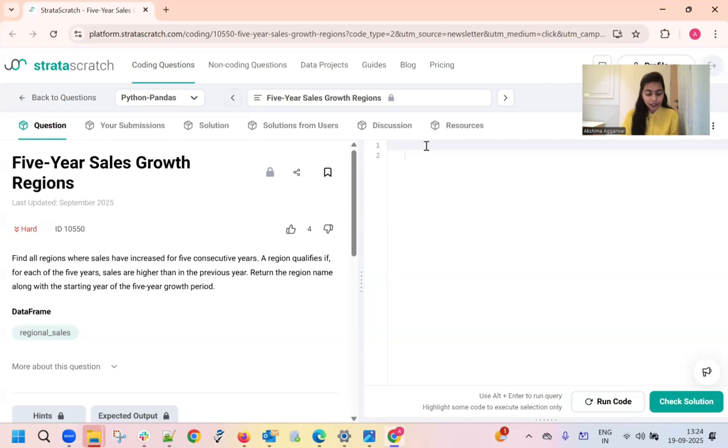Let me import pandas first. Rename the data frame, that is regional sales. The first 5 rows by using the head function.